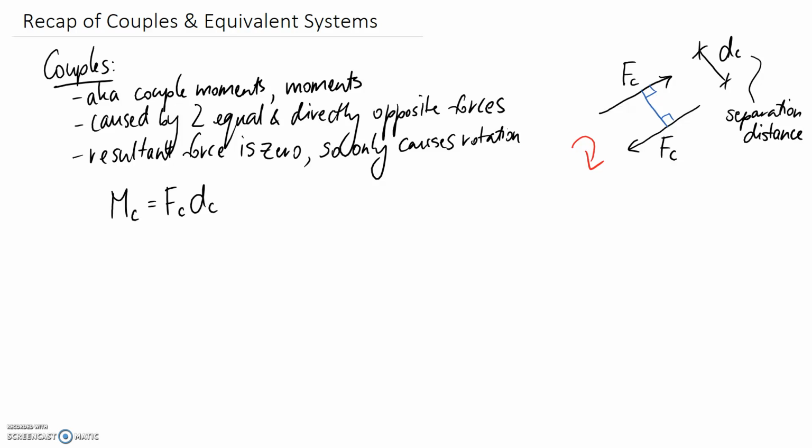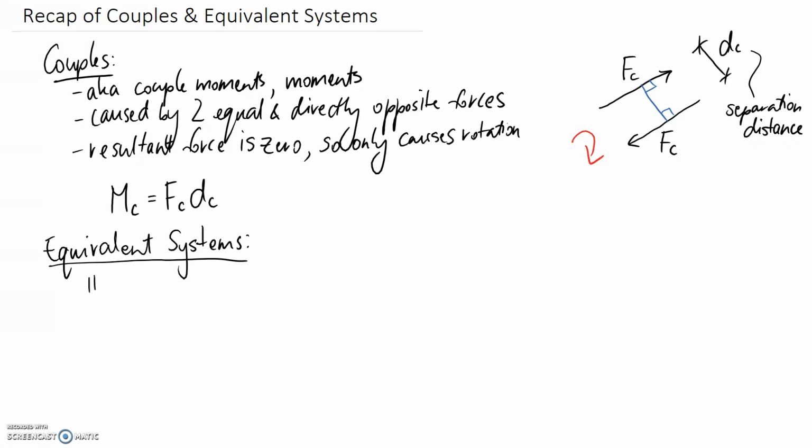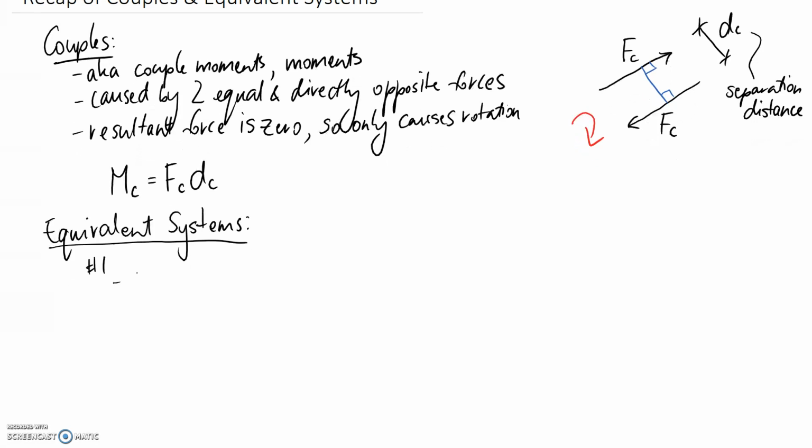So the other topic that I'm going to talk about in this video is equivalent systems, which also use this couple type thing. Alright, so there's two types of equivalent systems that you might be asked to show. So the first type is when you're asked to do a simplification to a force and couple.